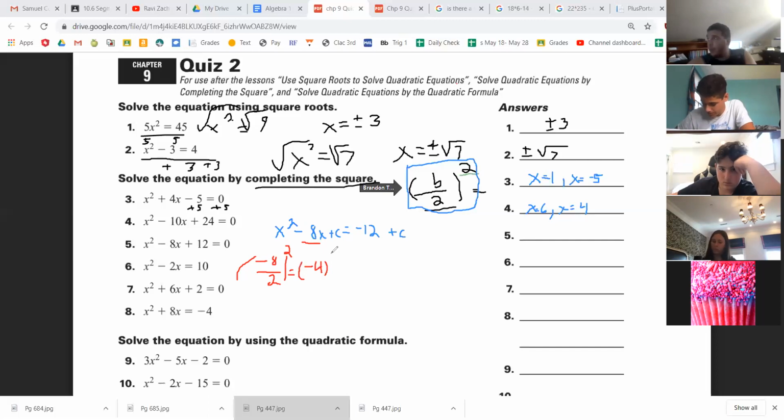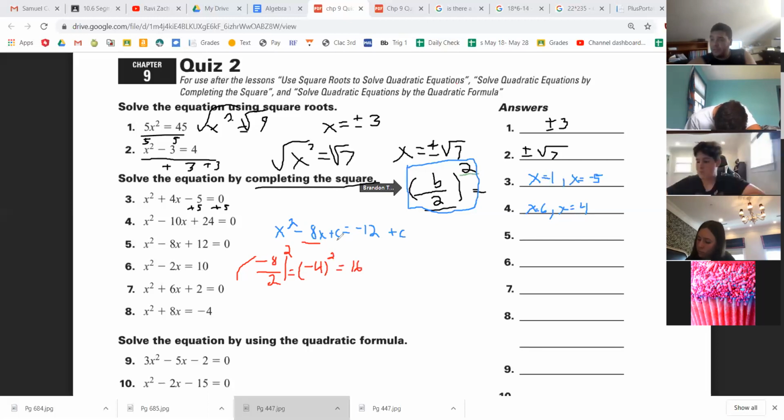That negative 4 will pop up later. That's going to be positive 16. So this is 16, this is 16. Now, when I reduce the right and the left, the right side is negative 12 plus 16. That's just positive 4. Very straightforward.